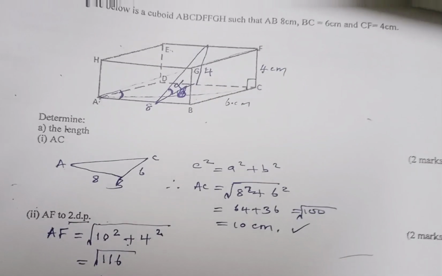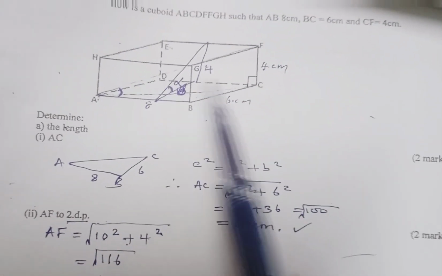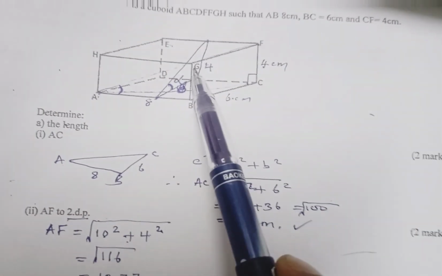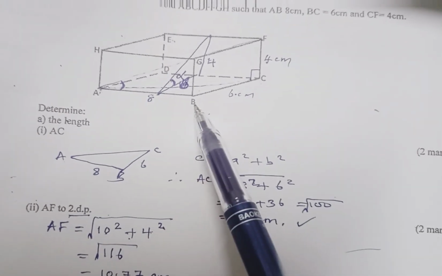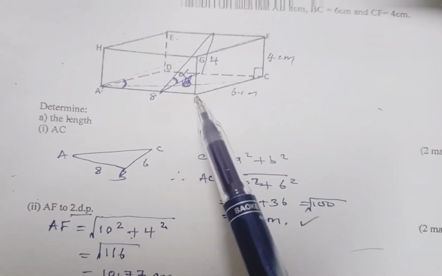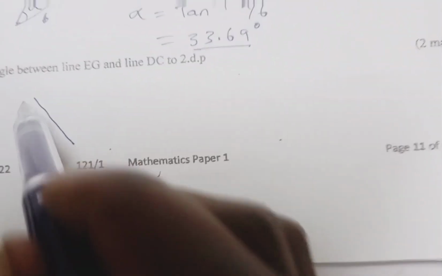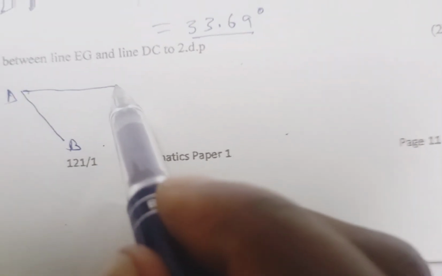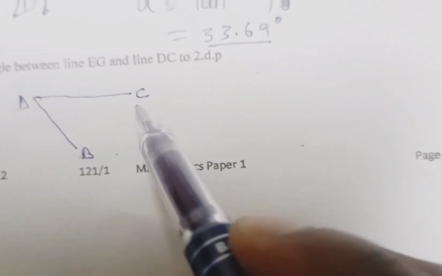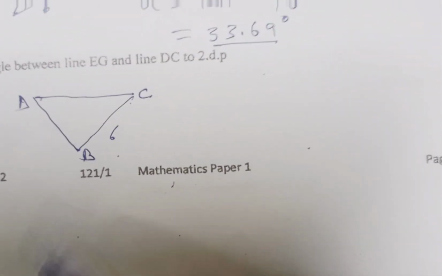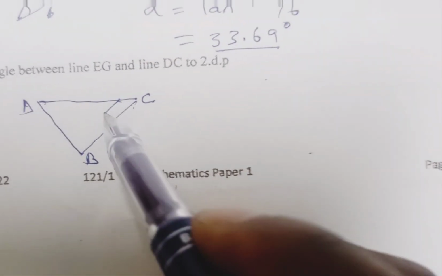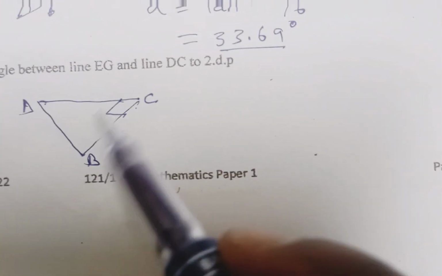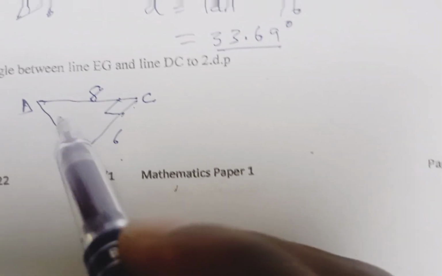So we are going to drop that line EG to become line DB, because line EG's equivalent line is line DB, and therefore we are talking about the angle at point D.